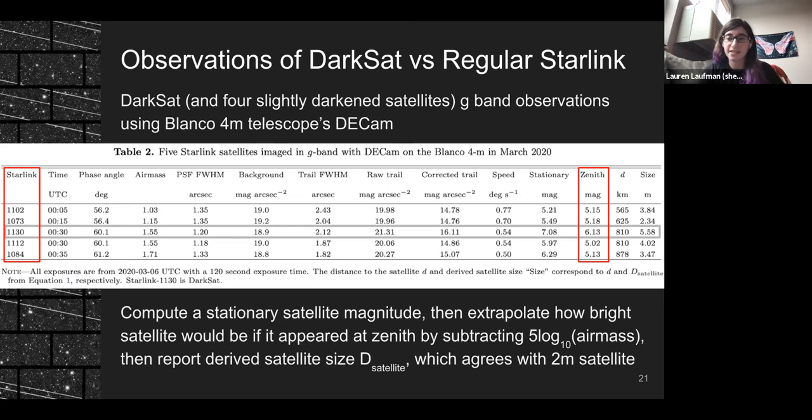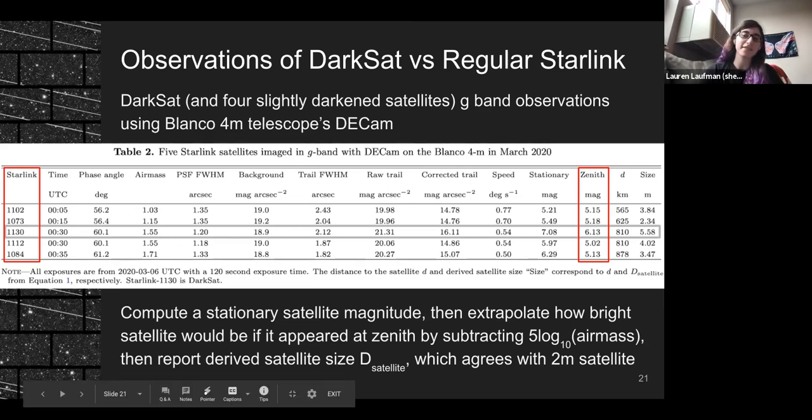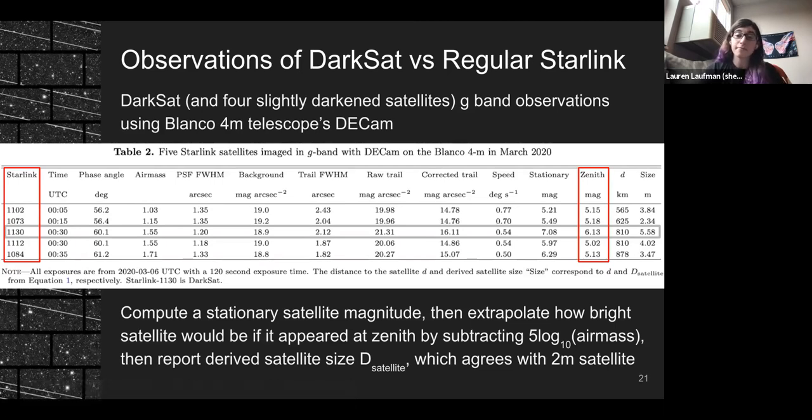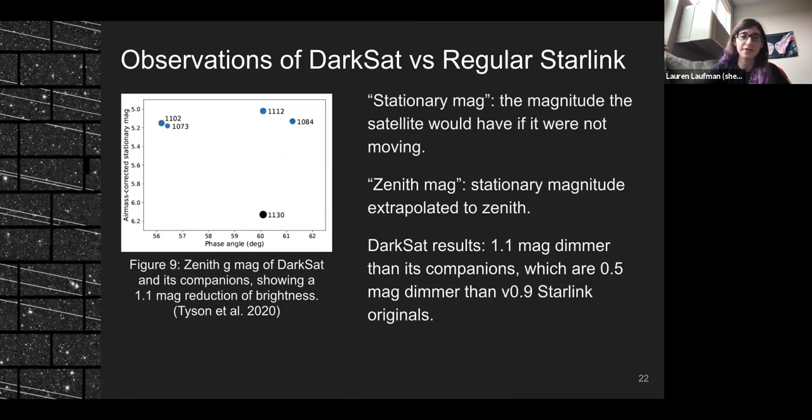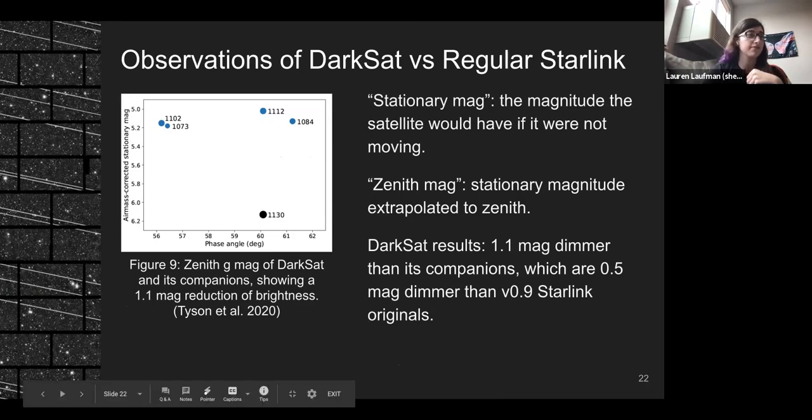And the magnitudes that they resulted in was that it was fainter, because the regular satellites were around 5 magnitude, but Darksat was 6. So that's like 1 magnitude fainter, which isn't great, but it's better, but it still doesn't reach our target goal of 7 or 8. Here are specific measurements comparing Darksat to some of its companions, demonstrating a 1.1 magnitude reduction of brightness.